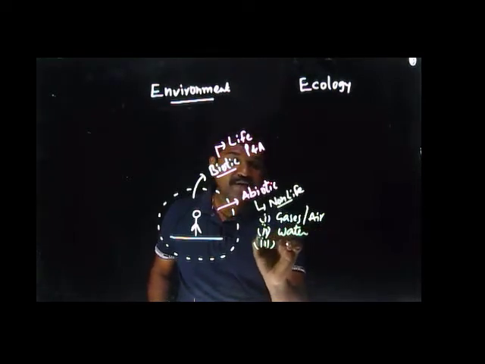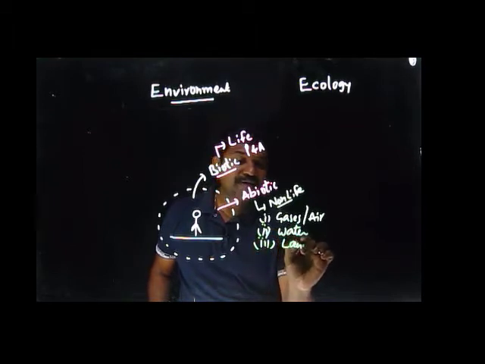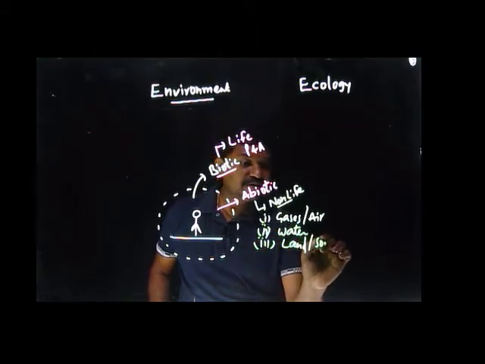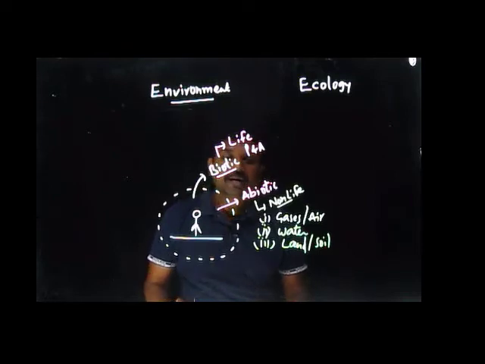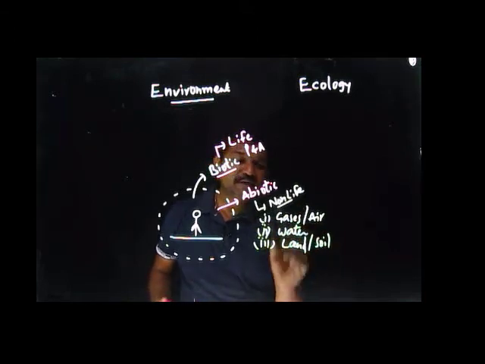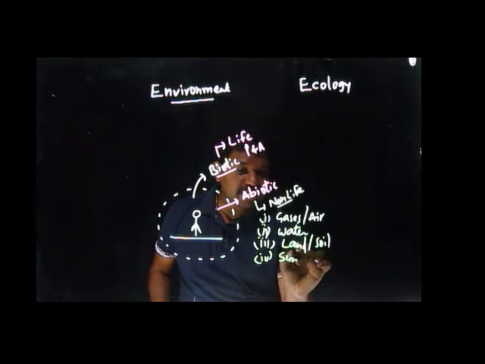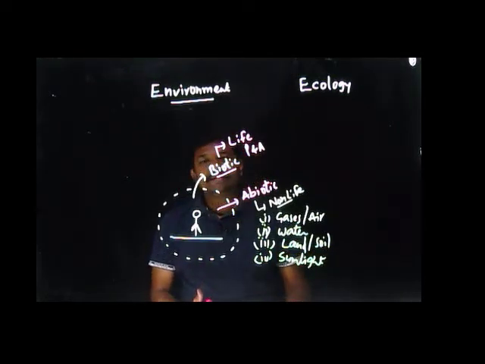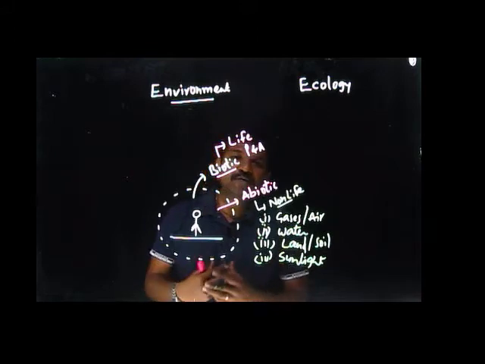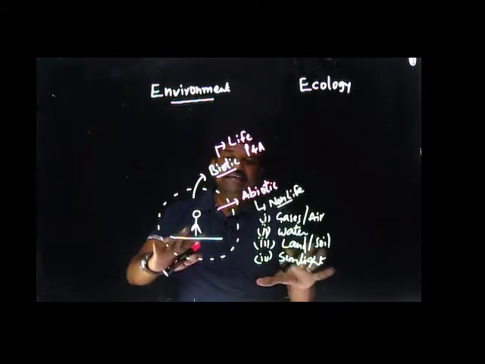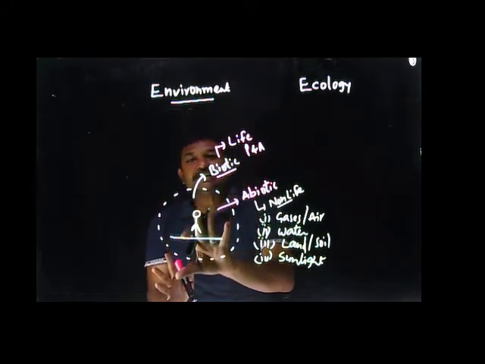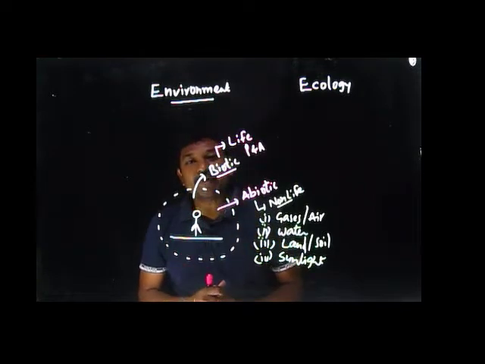Also, land, which turns into soil, where different regions have different types of soils and they are influencing the species. Also, the sunlight. Not all the parts on the surface of the earth receive the same amount of sunlight. See, this entirely around a species is called environment.